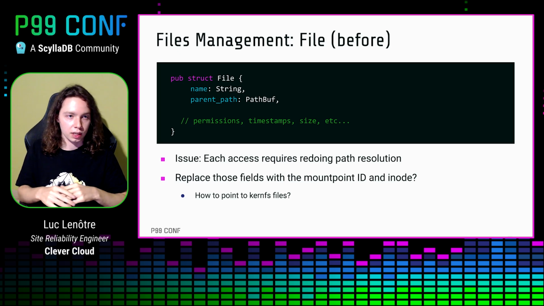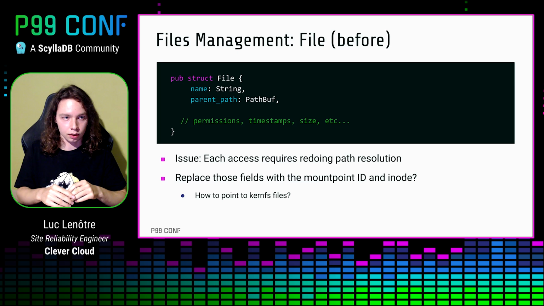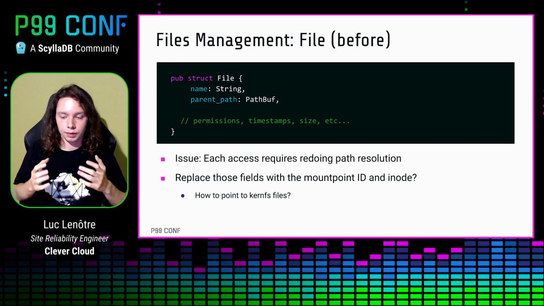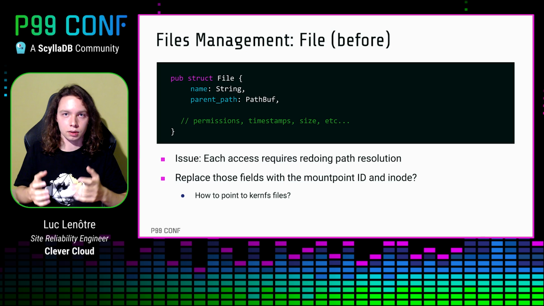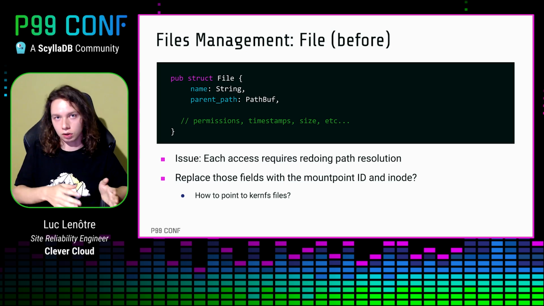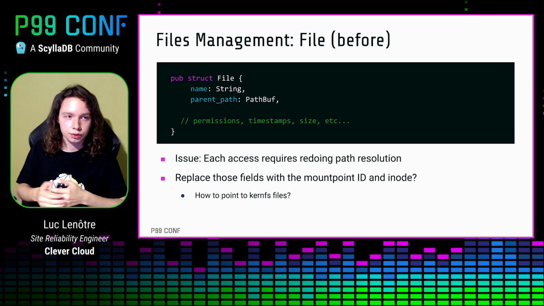The first is that it is storing the name of the file, which is actually incorrect, because one file in a Unix system can have several names due to the fact that you have hard links on the file system. So you basically have several hard links pointing to the same node.